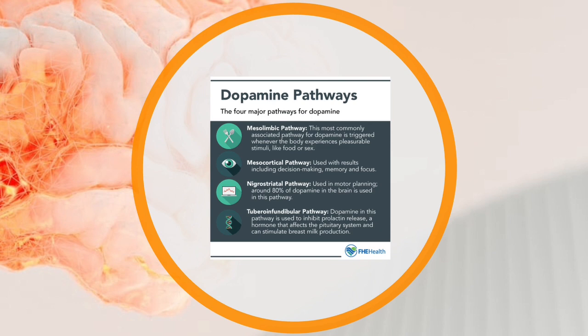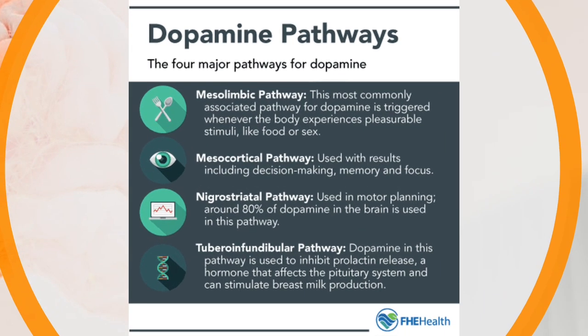Now, just a review again, because the four dopamine pathways are so important. Again, the mesolimbic, the problem here is too much dopamine causing the psychotic features seen in schizophrenic patients, right? So, the most commonly associated pathway for the dopamine is triggered whenever the body experiences pleasure stimuli like food and sex.